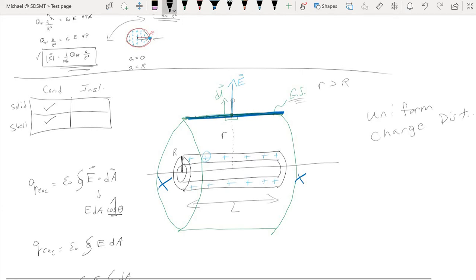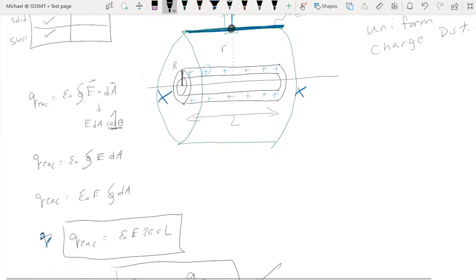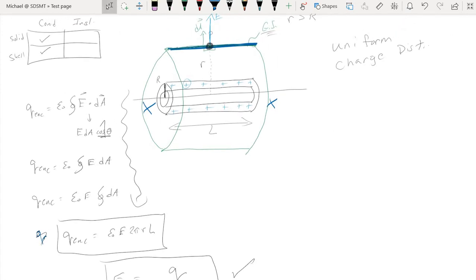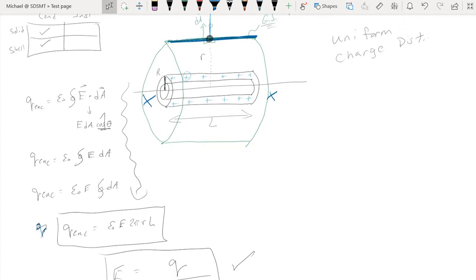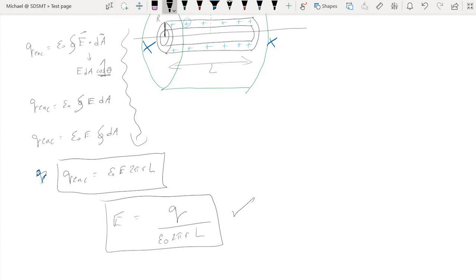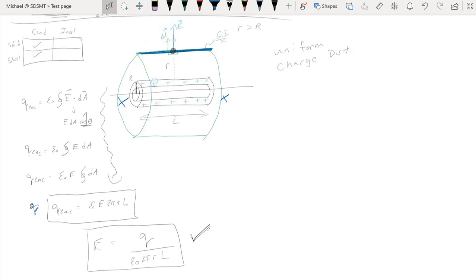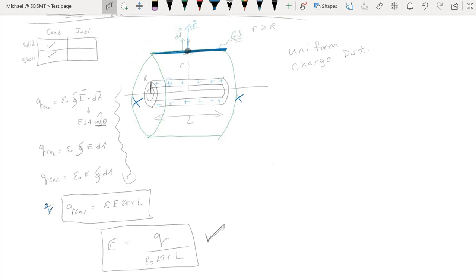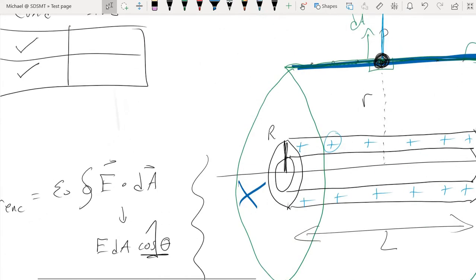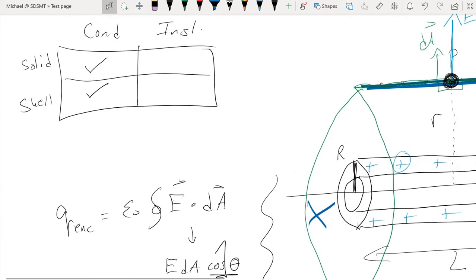And so once I go back up to this point P, everything that we've done through Gauss's law is going to be exactly the same. And so for a conducting shell, if we're outside of that conducting shell, that charged cylinder will act like a line charge. So now we switch over to the insulating shell.